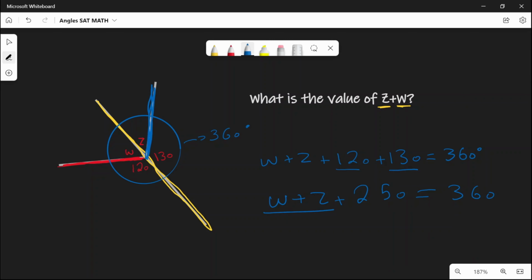Solving for W plus Z, we will have W plus Z equal to 360 minus 250, which is equal to 110 degrees. And that's the answer to this question.